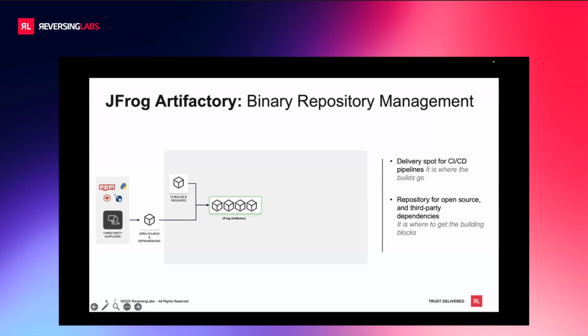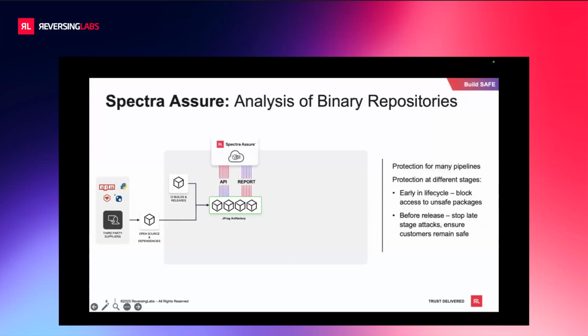Okay. So with all those binaries in kind of one logical place, I mean, that's a perfect match for Spectra Assure, right? Because that's what we do. We analyze binaries. So connecting Spectra Assure to Artifactory means you can scan artifacts from all those multiple pipelines, regardless of what people are using to build or which third-party source you're using to pull into the local repository.